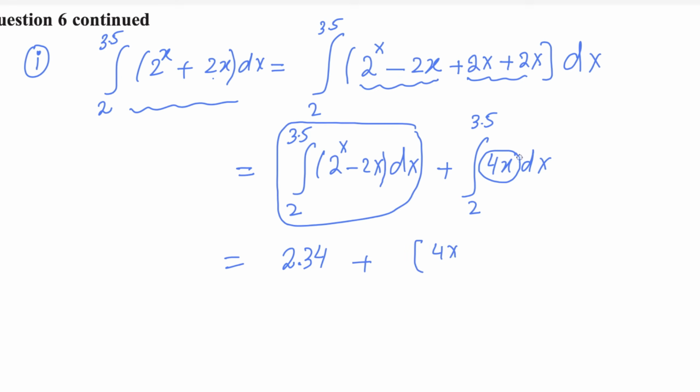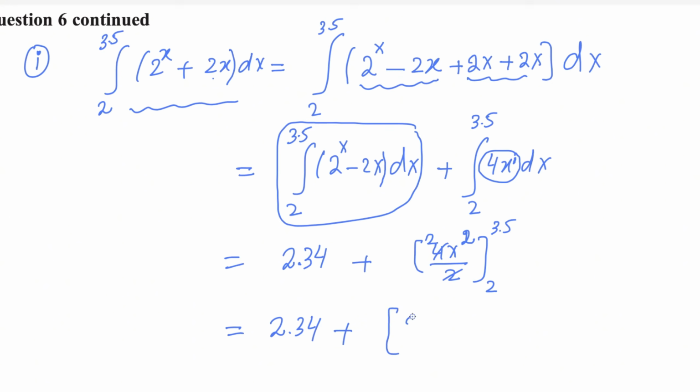We increase the power by 1 by the power rule and divide by the new power. You know the rule. Here the power is 1, so we get 2 and divide by 2, with limits 3.5 and 2. Simplifying, we get 2x squared. Now it will be 2.34 plus, apply the limit.